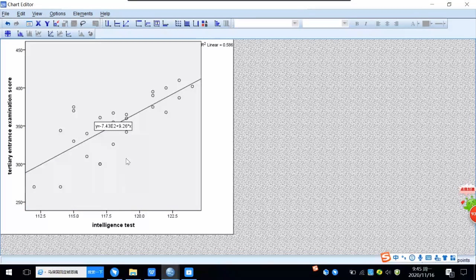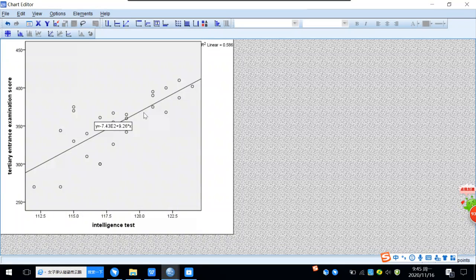Okay, this shows that here is the fit line. Here is the fit line. And you can also see that all these samples lie close to this fit line. There are no samples far away from the fit line.